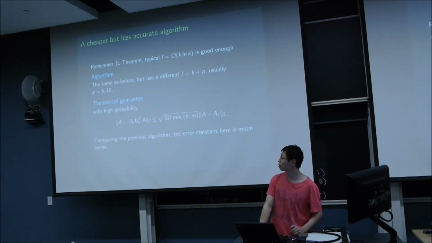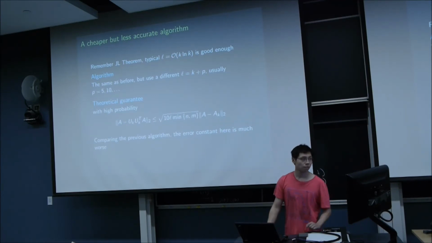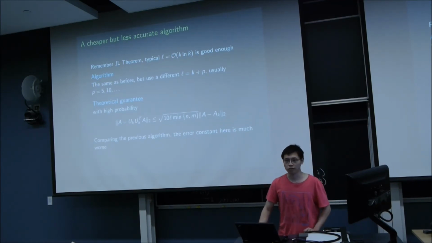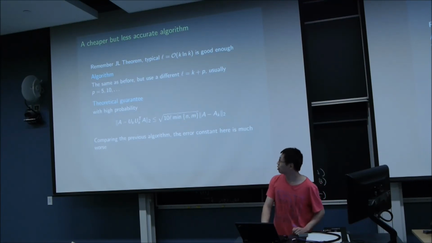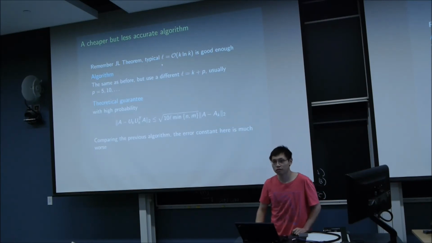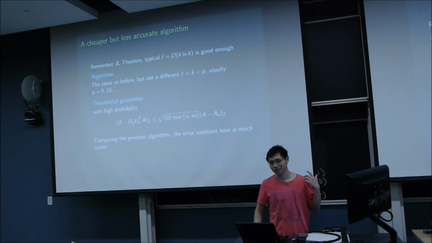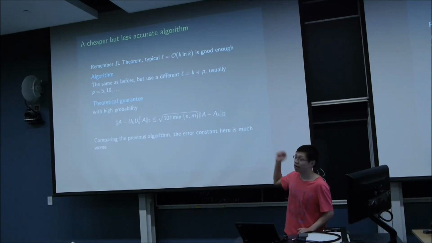So here's the second one. We have a cheaper but less accurate algorithm. Remember that the JL theorem said that L on the order of K times log K is enough. Why is that? You can do some simple calculation. Log K is usually quite small.